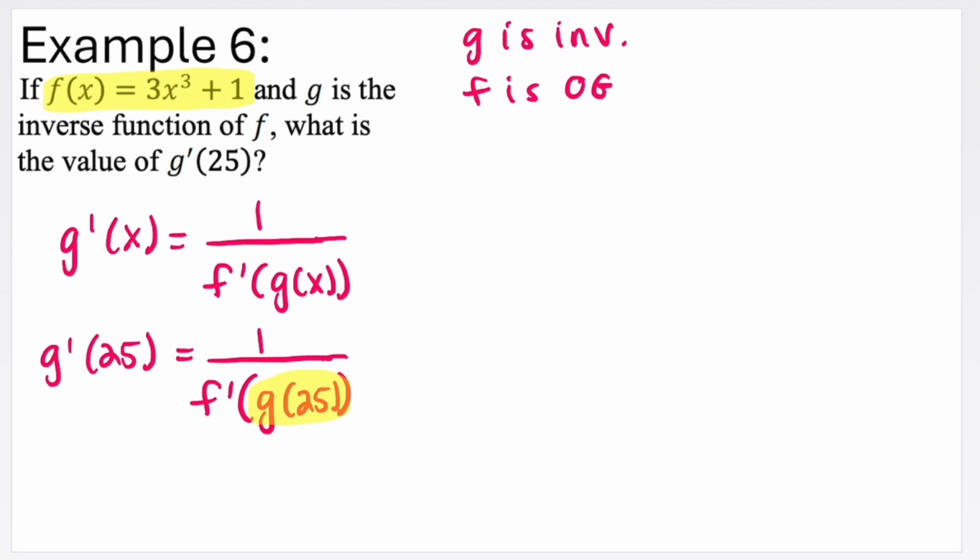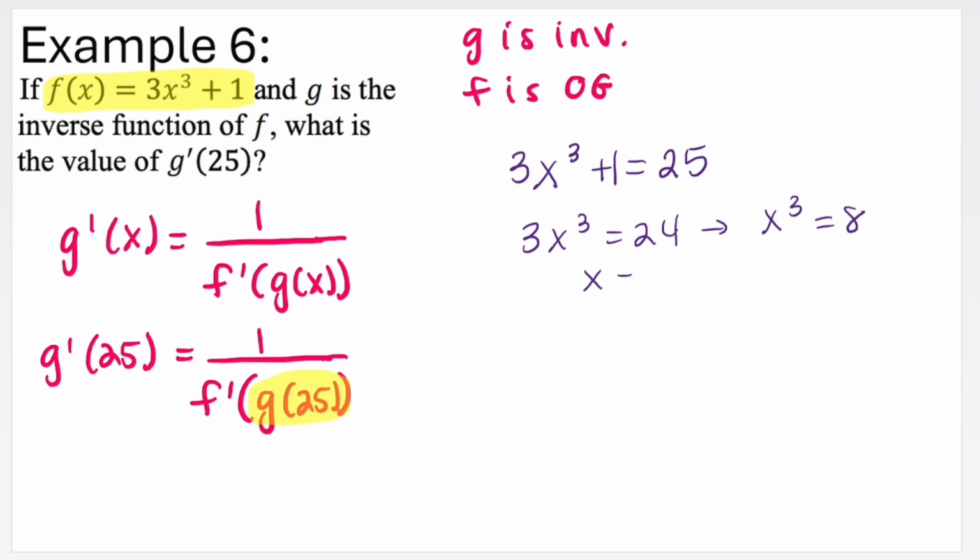So I need to figure out what x value in my original function will give me 25. Oops, forgot the 1. So I'm going to subtract 1. I'm going to divide by 3. And then I'm going to take the cube root, so x would actually equal 2. So 2 and 25 are an x and an f of x value.